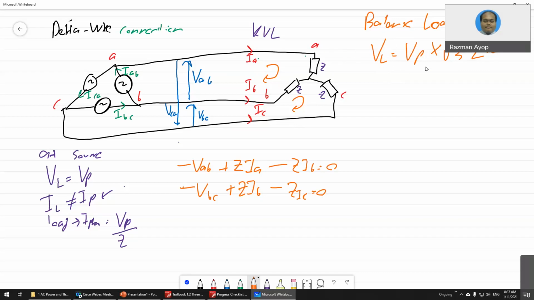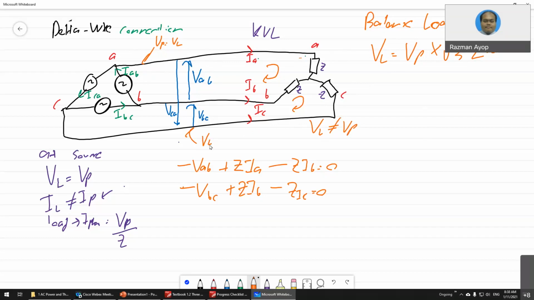So after this, you just apply the formula because you already know this one. V phase is equals to V line, and if you transfer it here, V line not equals to V phase.